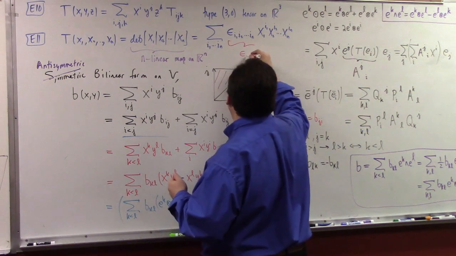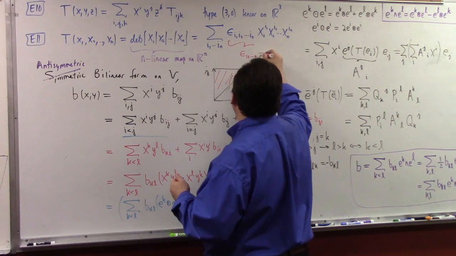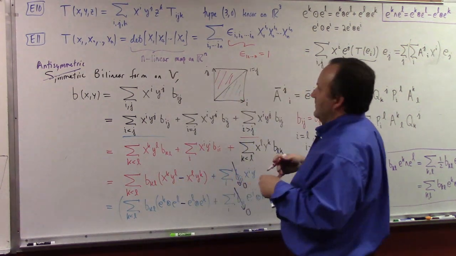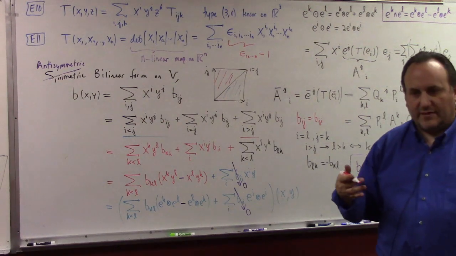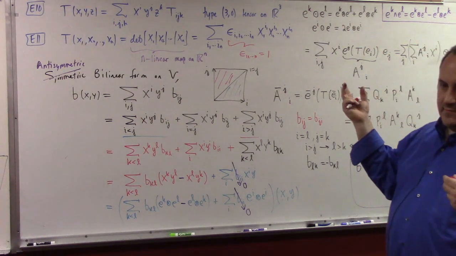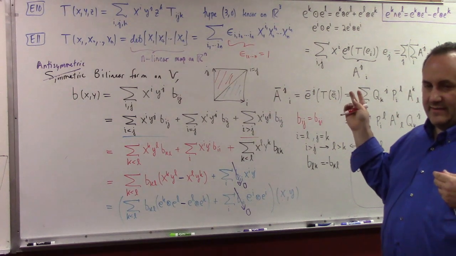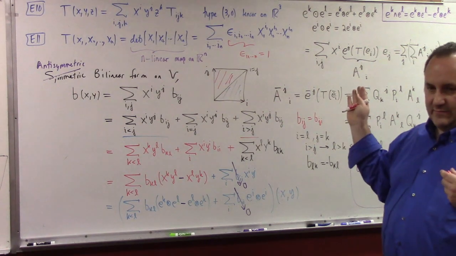And it goes like this: epsilon 1, 2, ..., n is equal to 1. And then the rest of the values are under the assumption it's completely anti-symmetric. So for example, epsilon 2, 1, ..., n is minus 1. If any index is repeated, it's 0.